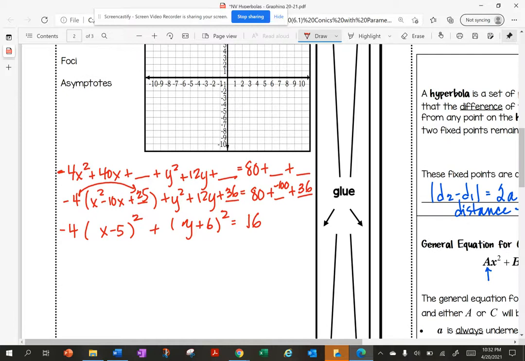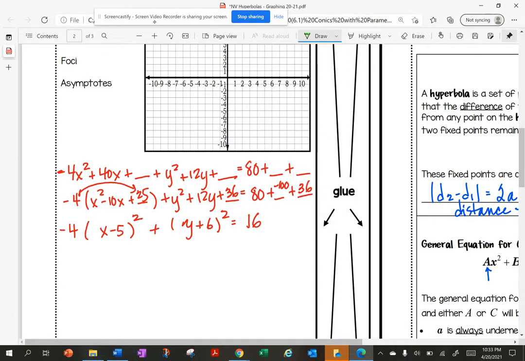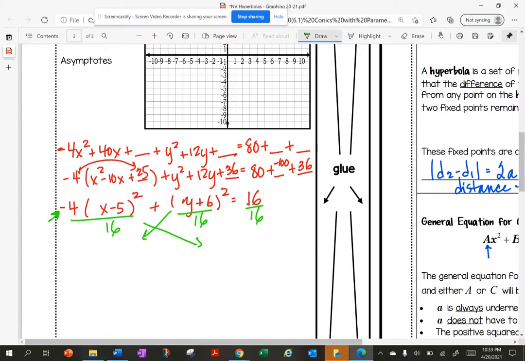So the next step, I need to set it equal to 1. So I am going to divide both sides by 16. So I'm going to divide each term by 16. Okay, so the next thing I see is the x term is negative. So I'm going to move that as the second term, and I'm going to bring the positive term first, the y term.